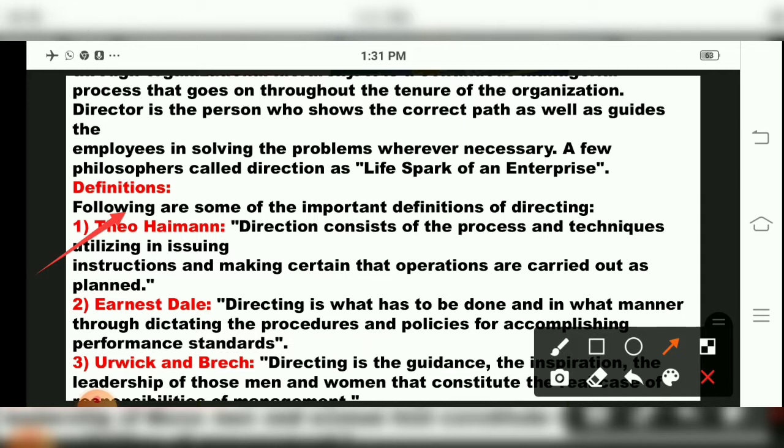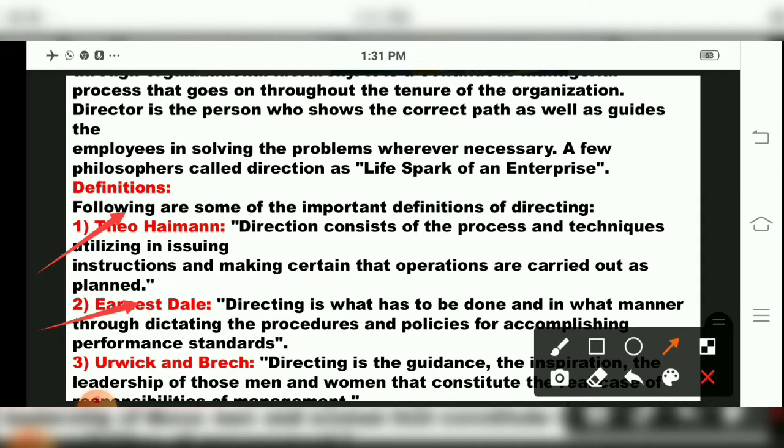Then the second definition is according to Ernest Dale, children. Professor Ernest Dale said that directing is what has to be done and in what manner, through dictating the procedures and policies for accomplishing performance standards.